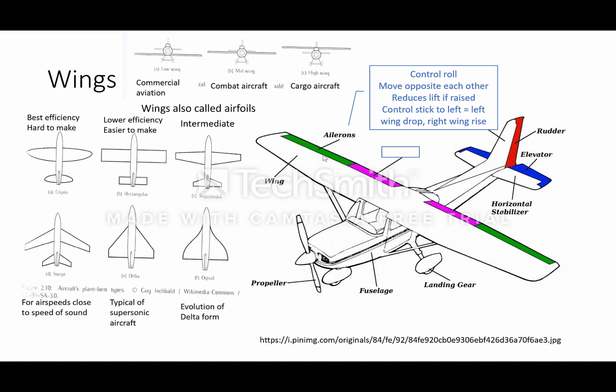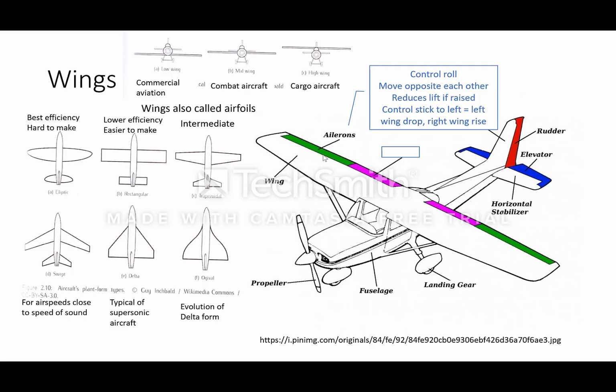So if the pilot turns their control stick to the left, the left wing aileron will go up, causing more pressure, pushing the left wing down. And because the plane is a solid piece, if the left side goes down, the right side has to go up. And so your plane rolls to the left.